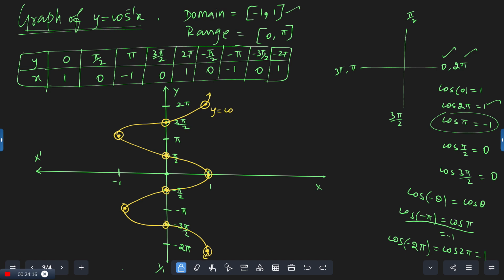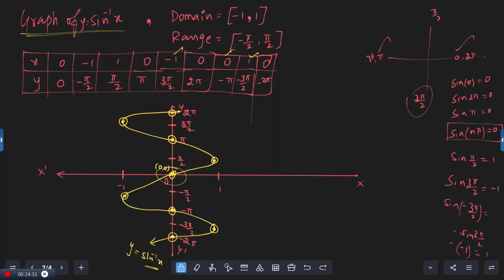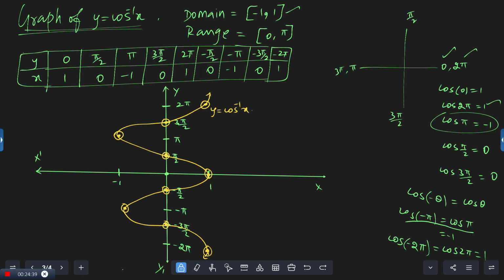This is y equal to cos inverse x. You can notice that cos inverse is not passing through the origin. Have you noticed? Here it's not going, but the sine inverse graph is passing through the origin. Like that only you have to identify. Very important.